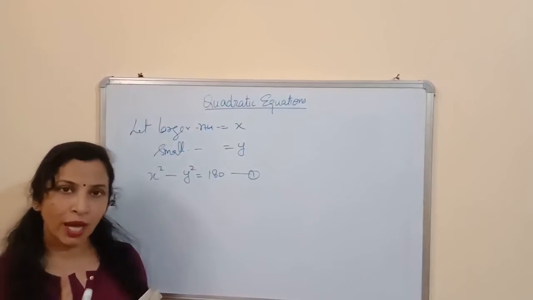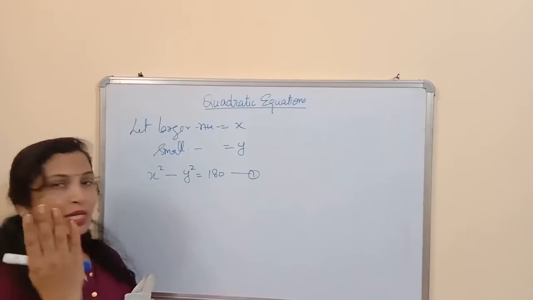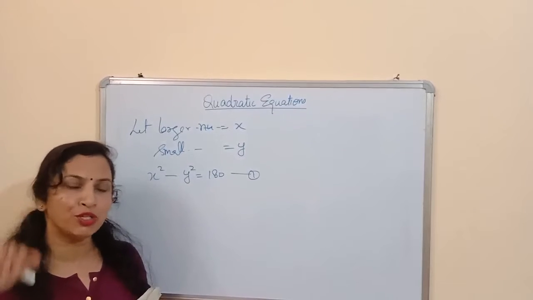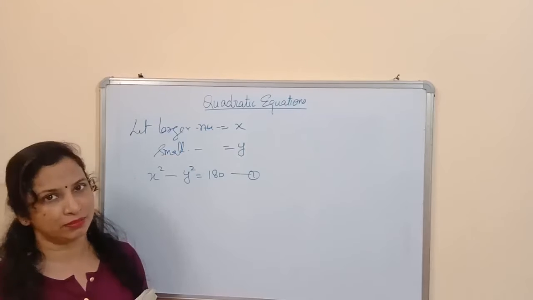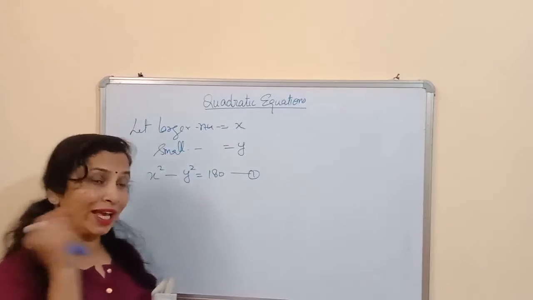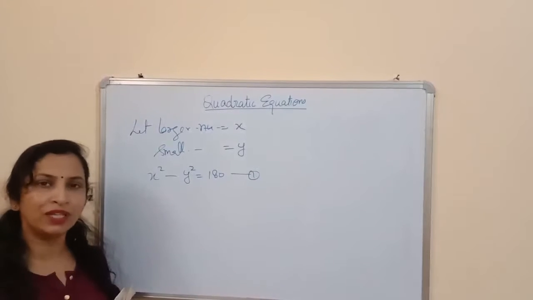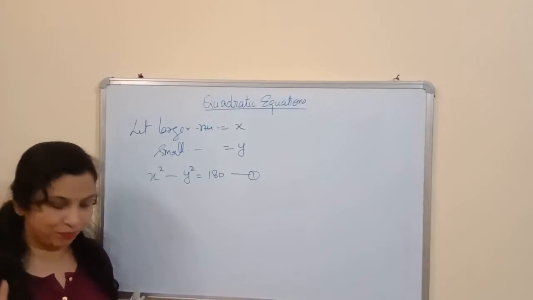If you are making two equations like linear equations in two variables, for a quadratic equation question, then you will apply the substitution method. It means you will put the value of x or y in the other equation so that you get a quadratic equation, and then you will solve this quadratic equation.